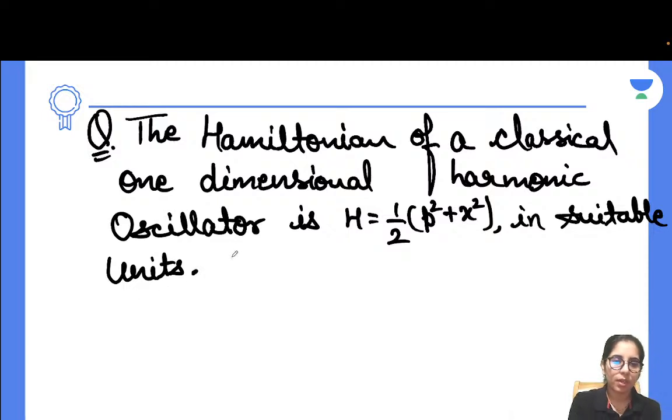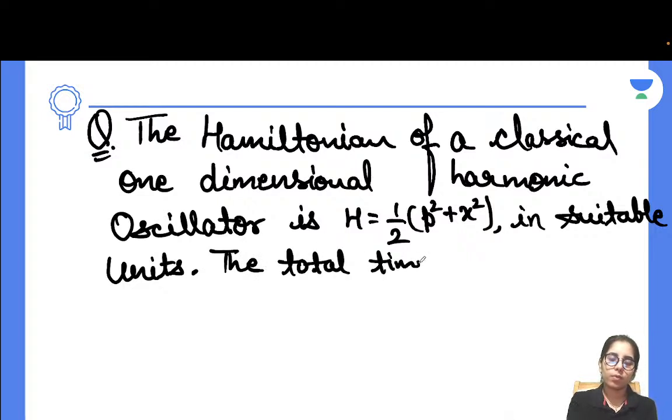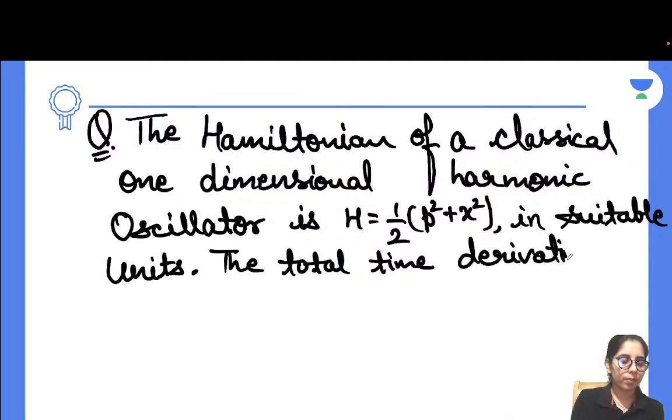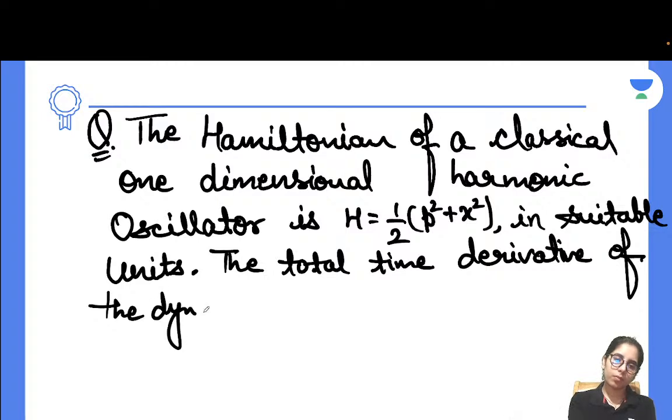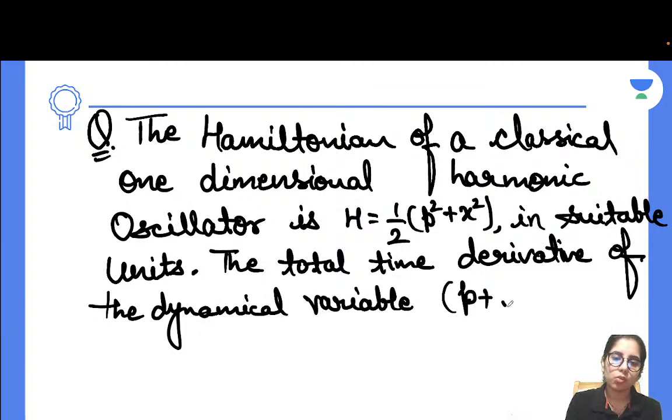The total time derivative of the dynamical variable p plus root 2x is.